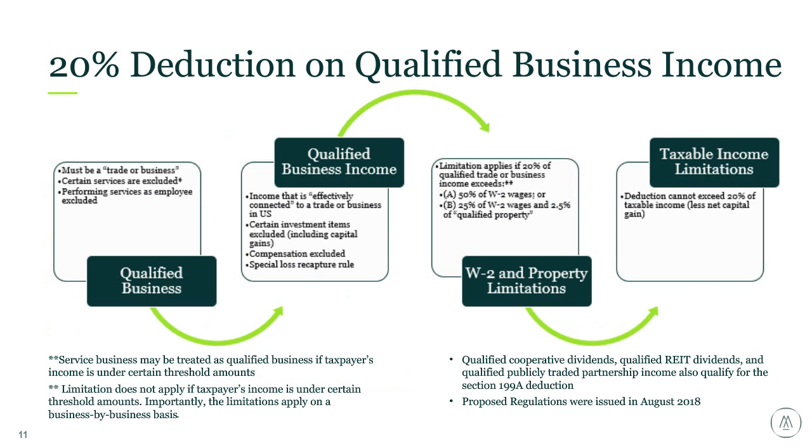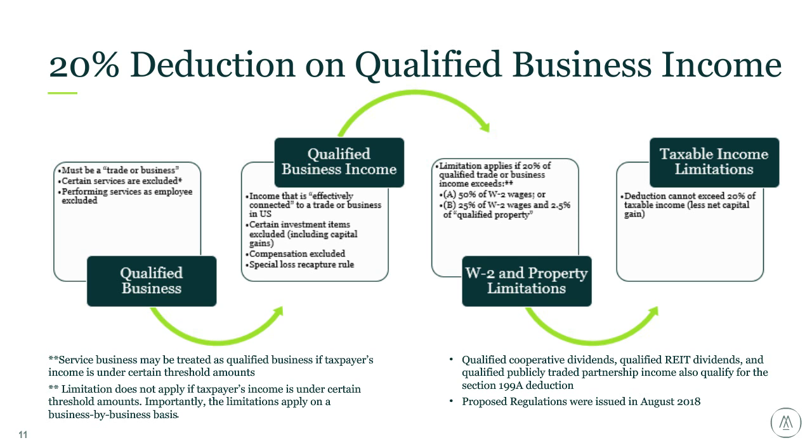Thanks, Peter. All right, so like Peter said, now we're jumping from C corporations to flow-through and the individual side. Just like on the C Corp side, there was a rate reduction there. There are two forms of rate reduction on the individual side. One is that the individual tax rates were broadened, and the highest bracket was 39.6%, and it went down to 37%.